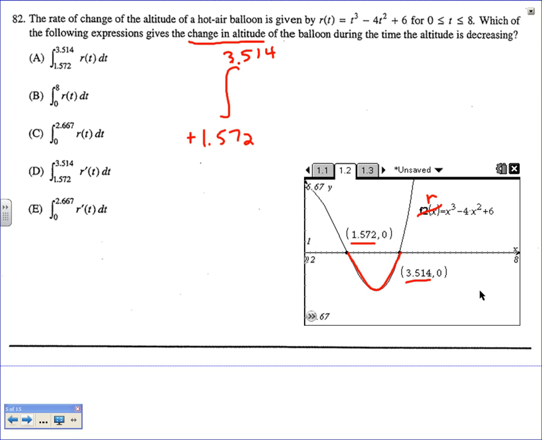And this function is t cubed minus 4t squared plus 6. In other words, this area accumulates the amount of decrease. And so if you look to the list there, I believe that it has to be letter A, right? And that would be correct.